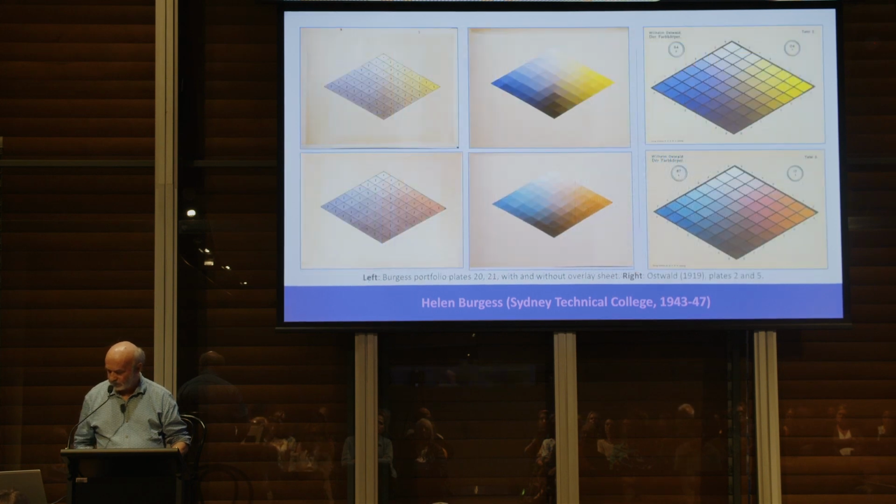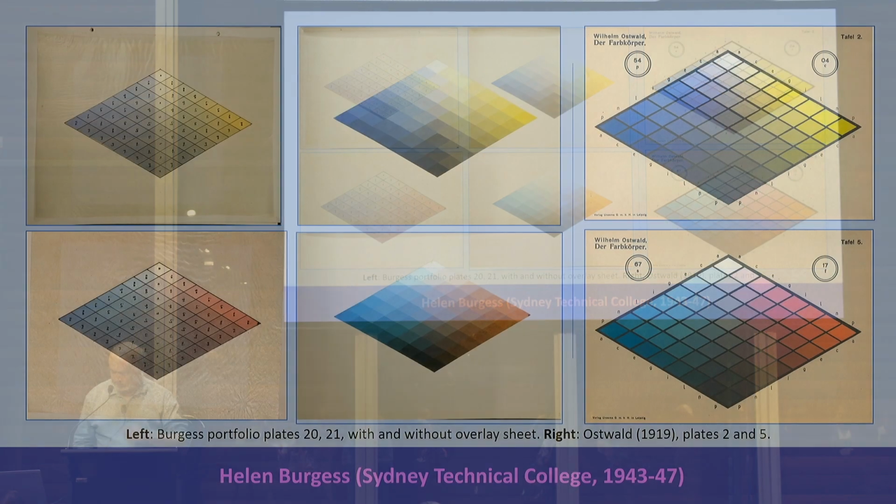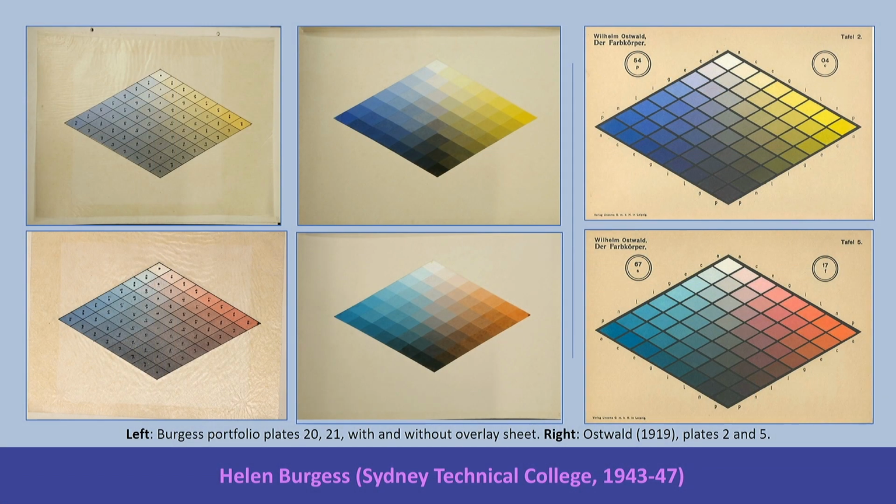So on the left you have the meticulously copied plates in gouache from the student portfolio, and on the right you have the corresponding illustrations from one of Ostwald's books, his atlas. So the student would have to meticulously match each of those little diamond areas in gouache.